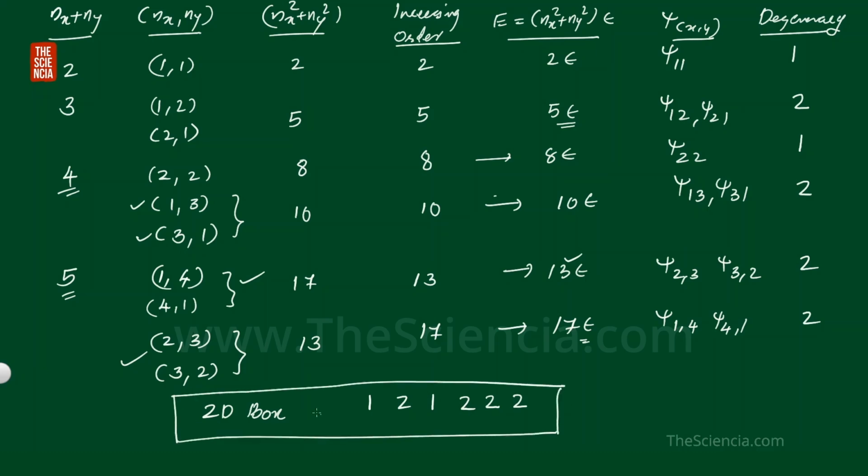For the 2D box, the ground state is non-degenerate, the first excited state is doubly degenerate, the second excited state is non-degenerate, the third excited state is doubly degenerate, and so on. Please remember, because in solving some problems, mainly perturbation problems, we need to know the degeneracy.